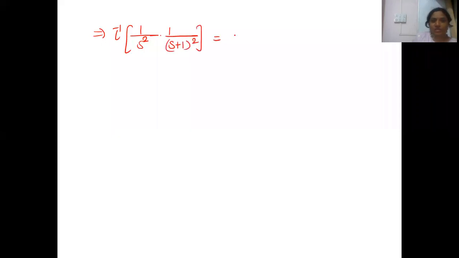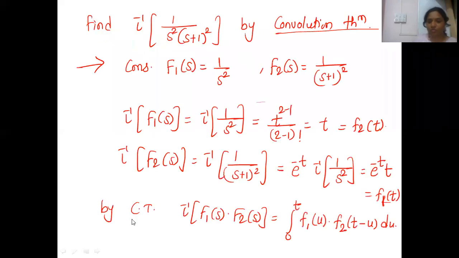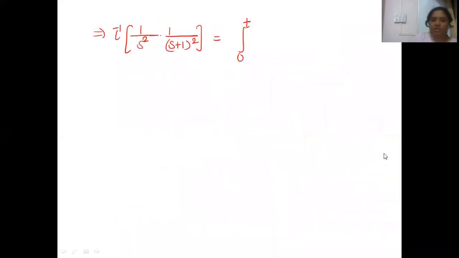Now put these values. Right, so it is the Laplace inverse of f1(s), 1 upon s square into 1 upon (s plus 1) square, is equal to integration 0 to t f1(u). What is f1(u)? Put u in it: e raised to minus u into u, right.